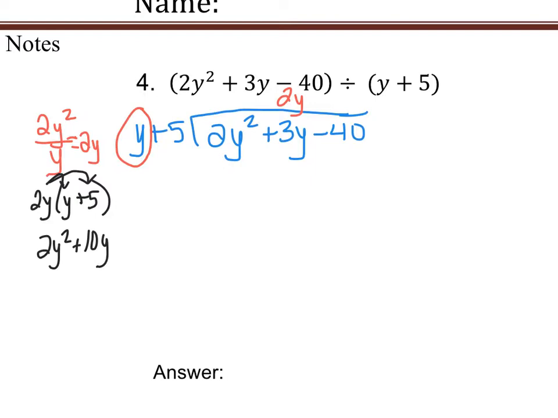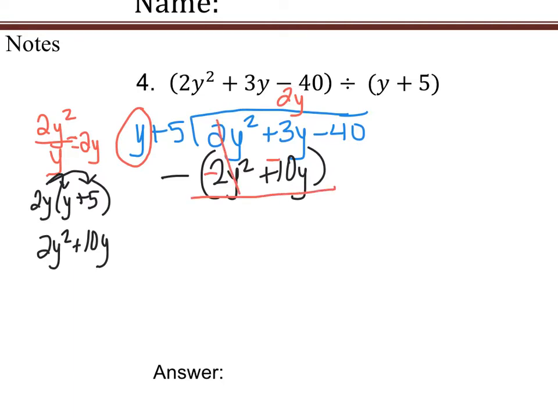So I'm going to write that here: 2y squared plus 10y. And since that whole thing has to be subtracted, I'm putting it in parentheses because that reminds me to change the sign of both of them inside. So it's going to be a negative 2y squared and a negative 10y.